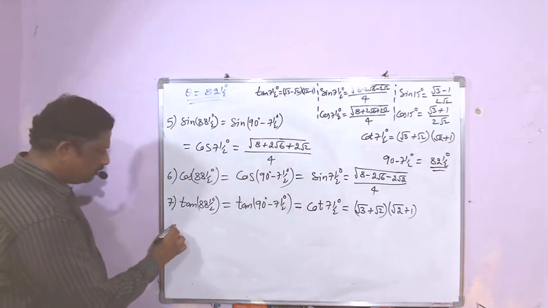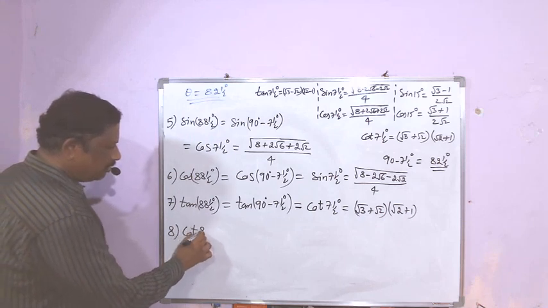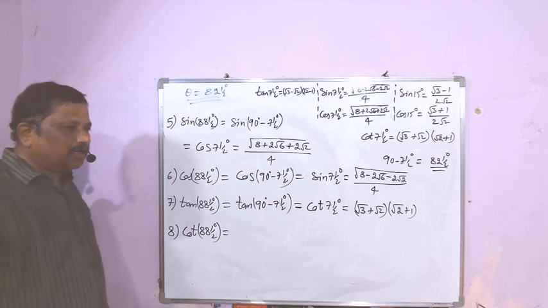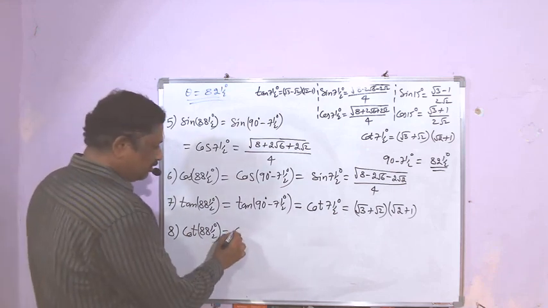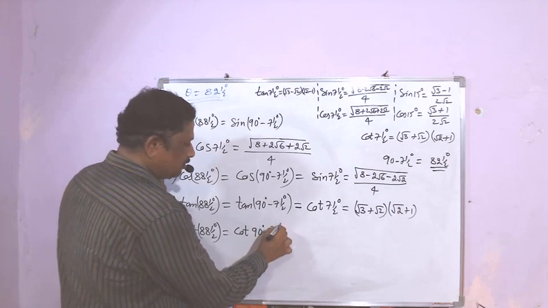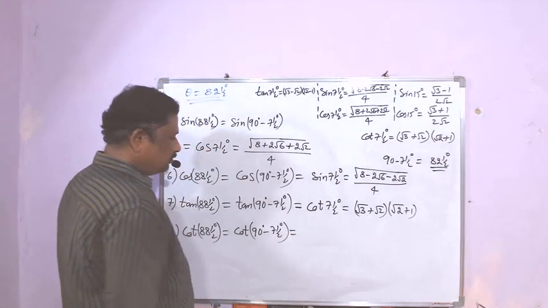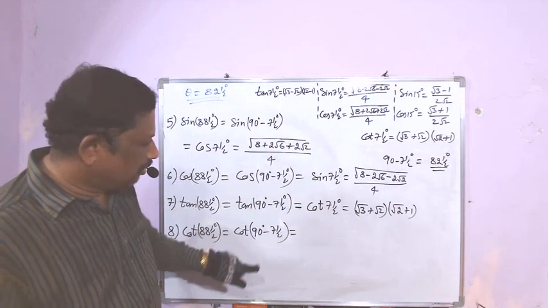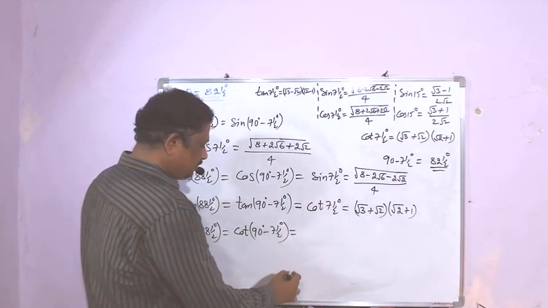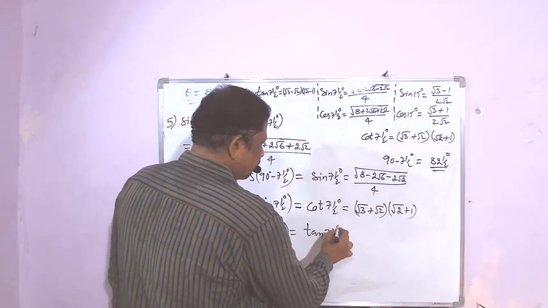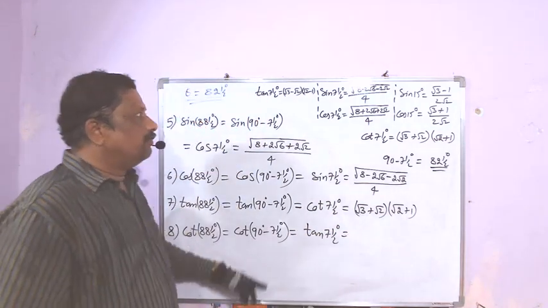Eighth one, cot 82.5 degrees. So cot 82.5 degrees can be written as cot 90 degrees minus 7.5 degrees. So this falls in the first quadrant and is also operating on the y-axis. Cot will become tan 7.5 degrees. What is tan 7.5 degrees?